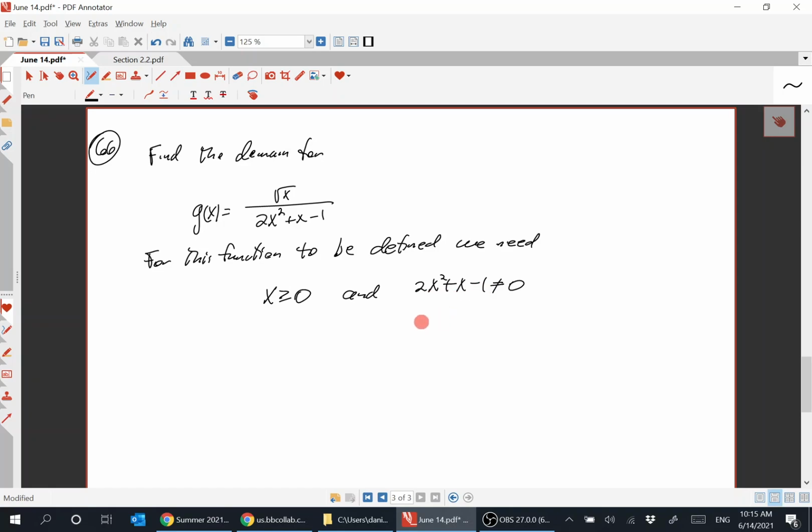So here, this one factors: 2x plus 1, x minus 1, I think. Yeah, not equal to 0. So that means 2x plus 1 is not equal to 0, and this time it's and rather than or. So 2x plus 1 is not 0, and x minus 1 is not 0. This says x is not equal to negative 1/2, and this one says x is not equal to 1.